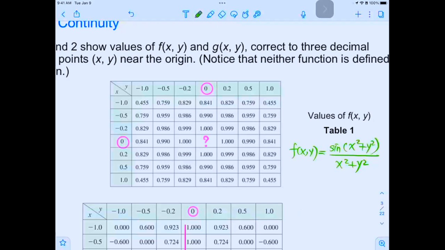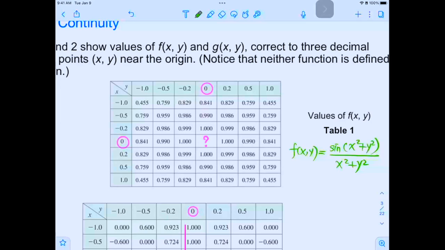And then what we do over here is we make the table. This is for different x values, this is for different y values. Then we substitute different x and y values into the function and calculate the function value.